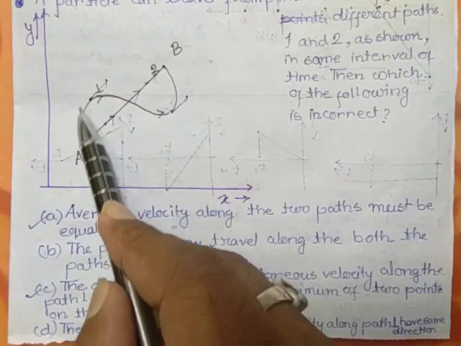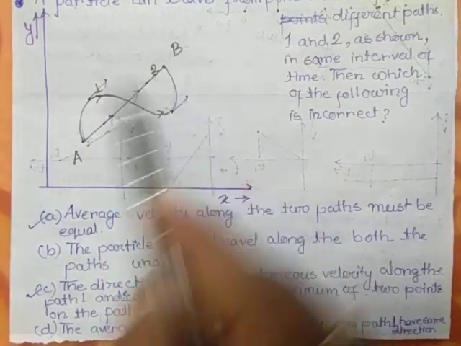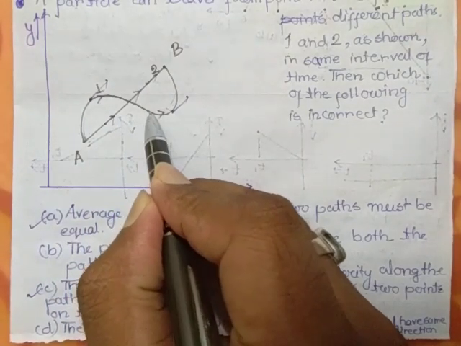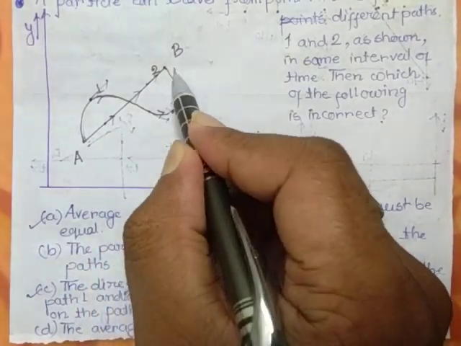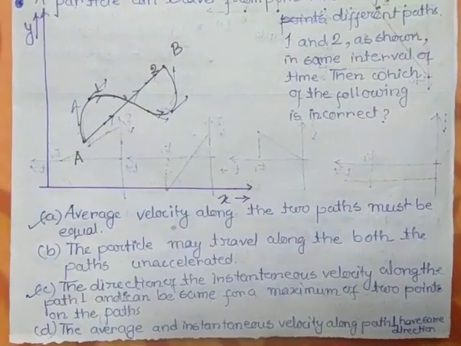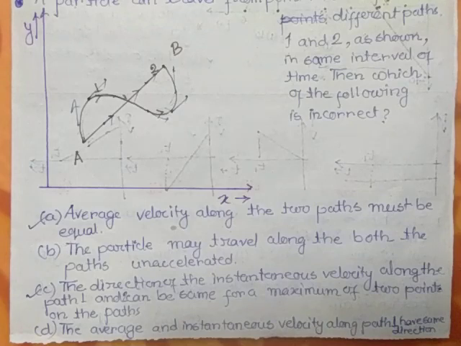If I calculate the average velocity and the instantaneous velocity, they cannot show the same direction, because the instantaneous velocity at different points is different. Maybe the average velocity of the two are the same, but for instantaneous velocity, you have to calculate velocity at different points, following two different paths.